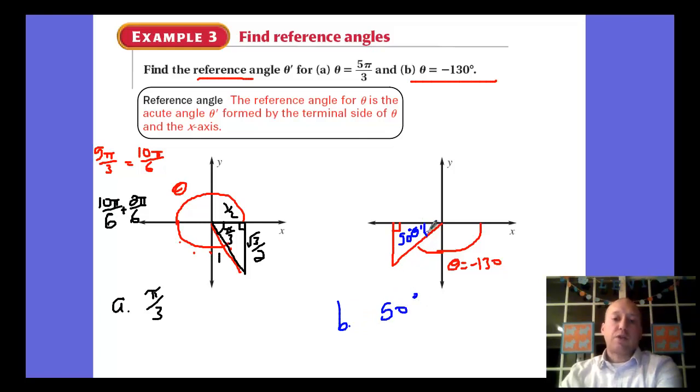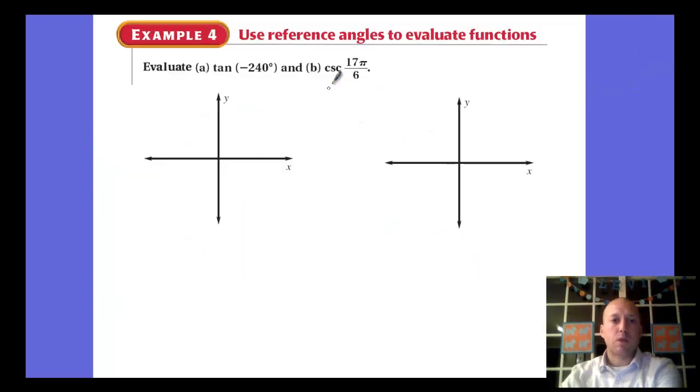Now that I know it's 50 degrees, I can use like a sine of 50 to figure out opposite over hypotenuse, so I can have one of those values. So we can use these reference angles to evaluate these functions. Tangent of negative 240, so this is going to be negative 180. Negative 240 is going to be up here.